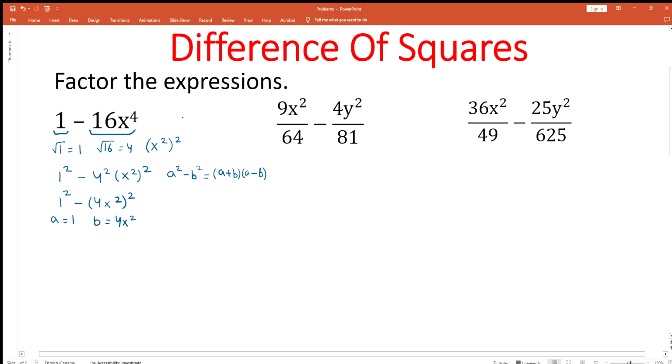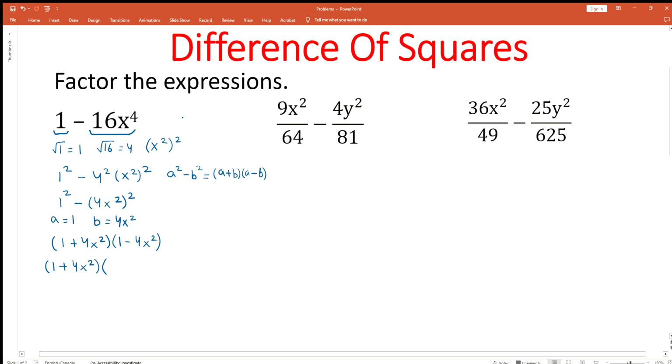So we can write this expression in factored form as 1 plus 4x squared times 1 minus 4x squared. We can simplify this expression further by factoring 1 minus 4x squared using the difference of squares factoring method. We cannot use this method for 1 plus 4x squared because of the plus sign between the terms 1 and 4x squared. So we'll keep 1 plus 4x squared as it is.